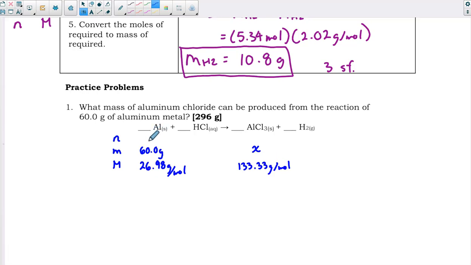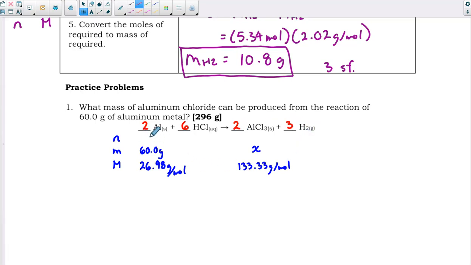If we find these moles using our molar ratio, which we'll just do in 2 seconds, then we can find the moles of our AlCl3 and calculate our missing X. So the next step we must always do is balance our chemical equation. So here we're going to put a 2 for aluminum. We have a 6, we have a 2, and we have a 3.